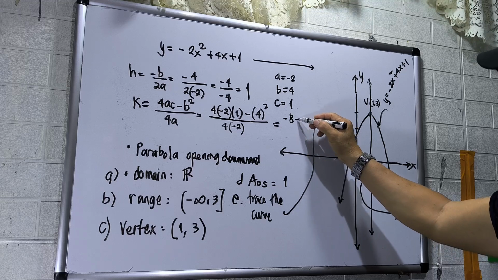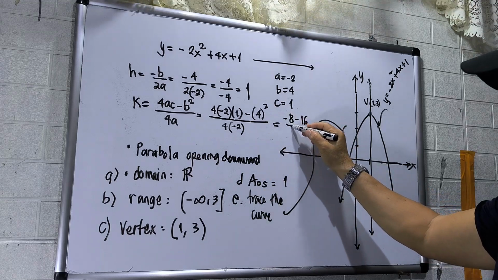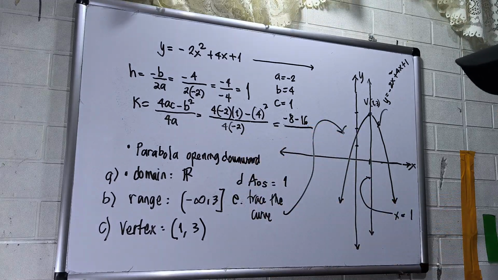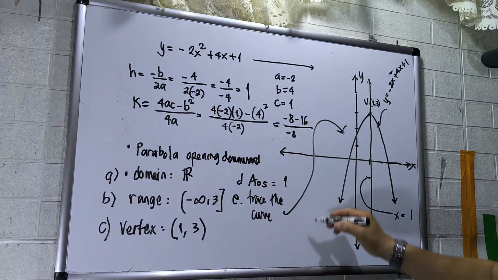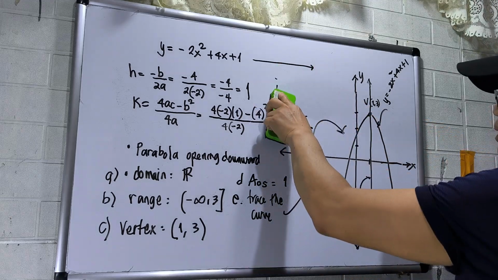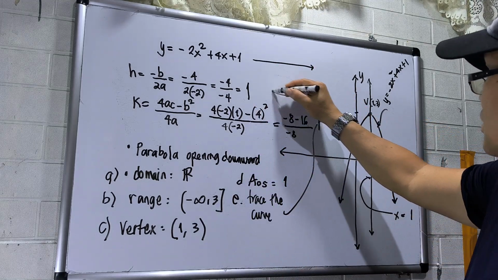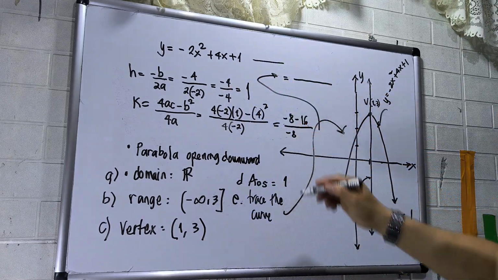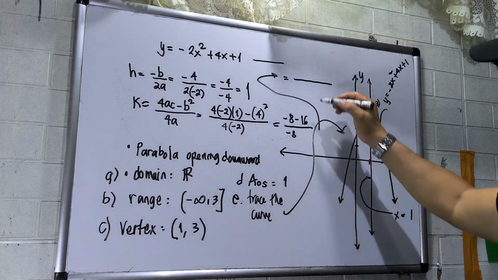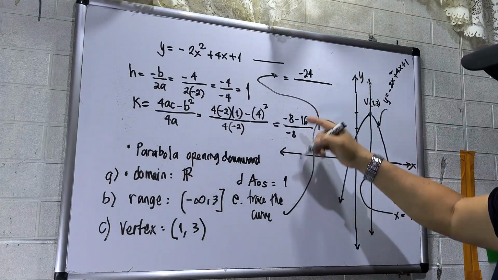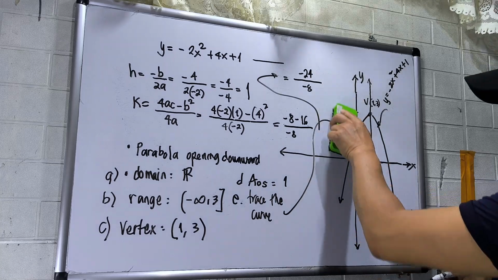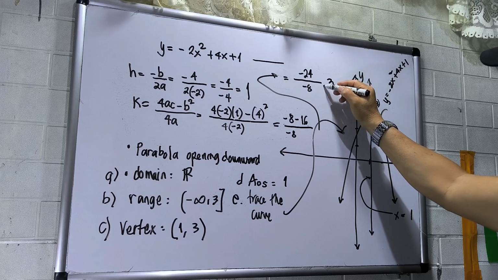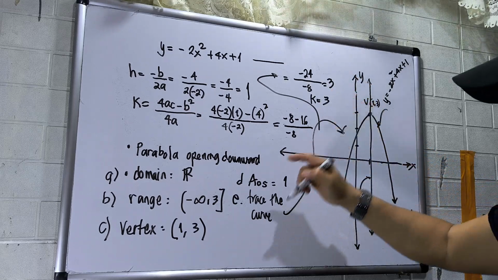Then this will be negative 16, right? 4 squared is 16. Then at the bottom is negative 8. So negative 8 minus 16, that will be negative 24. Then this will be negative 8. So negative, negative, that will be positive. Then 24 divided by 8, that is 3. So therefore, my k is correct.